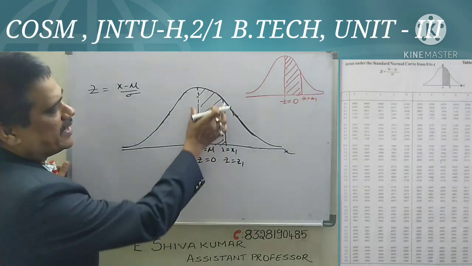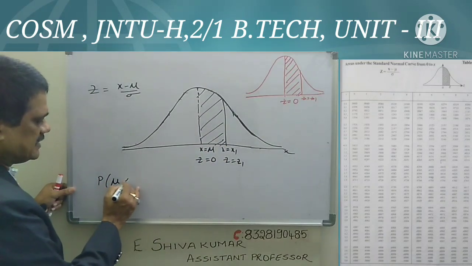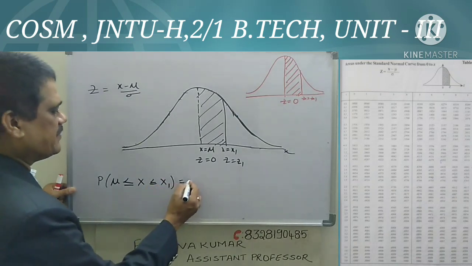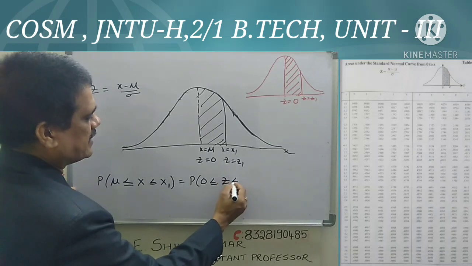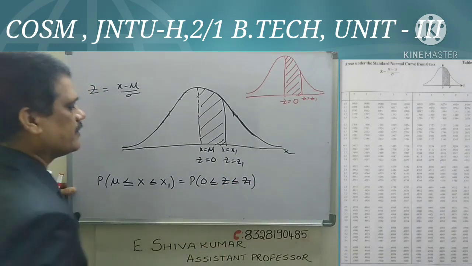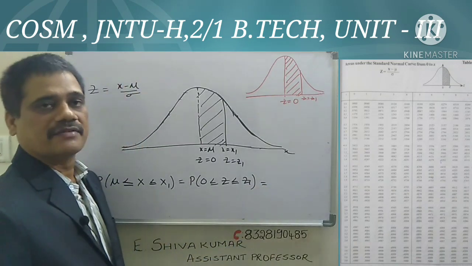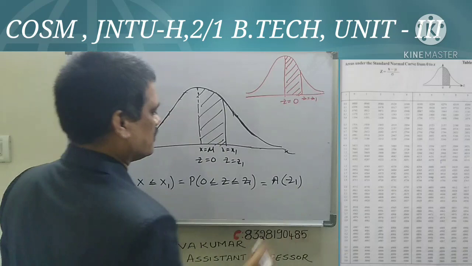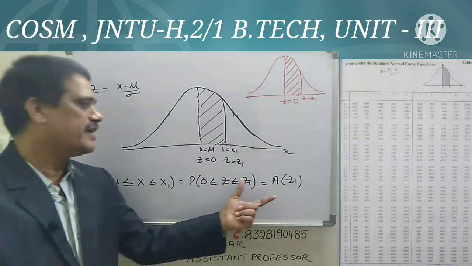Just by seeing the table we can write this area. That is, probability of mu less than or equal to x less than or equal to x1 is the same as probability of 0 less than or equal to z less than or equal to z1. We get this directly from the table as A of z1, which indicates this area.